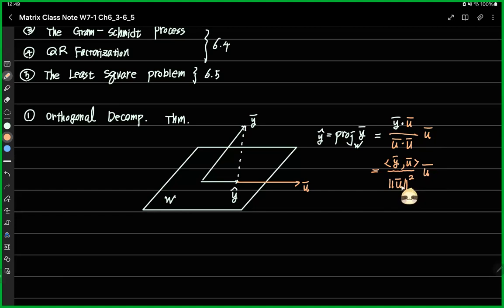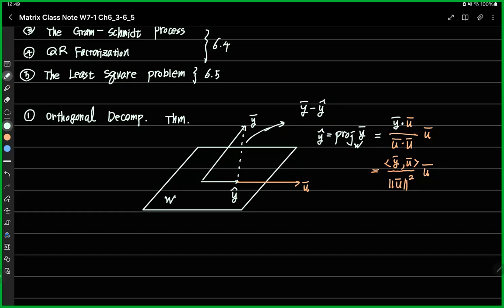Is it see the 6.1? Okay. Then they'll introduce the norm. Now, but what if the subspace is not just a plane? But if we want to find y minus y hat, right?